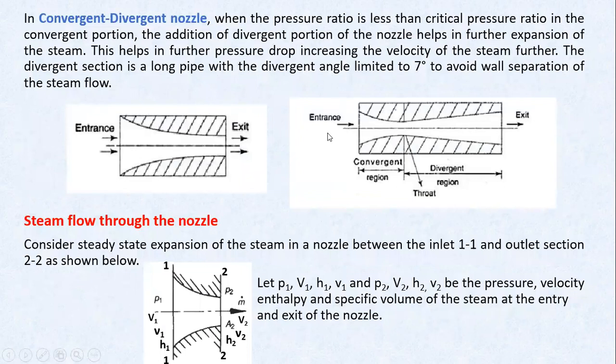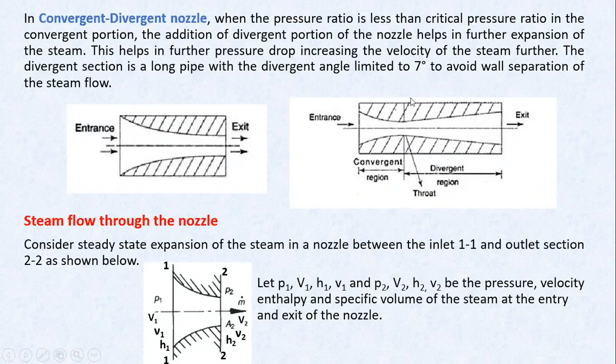In a convergent-divergent nozzle, the pressure ratio will be less than the critical pressure ratio. That means if we need to expand the steam further, then we need to attach another part, a divergent part, which is of greater length than the convergent region, and the divergent angle should be limited to a maximum of 7 degrees in order to avoid wall separation.